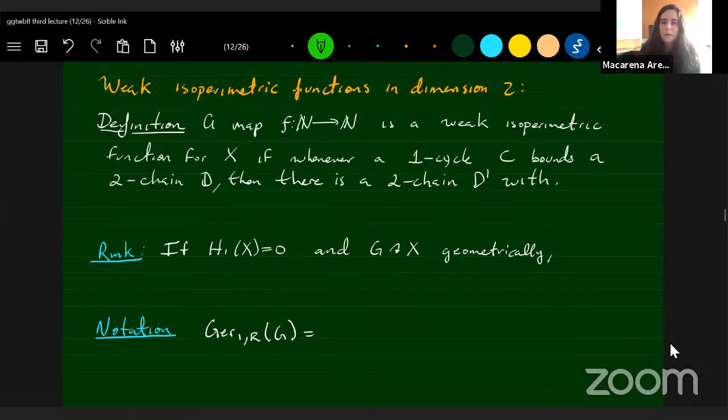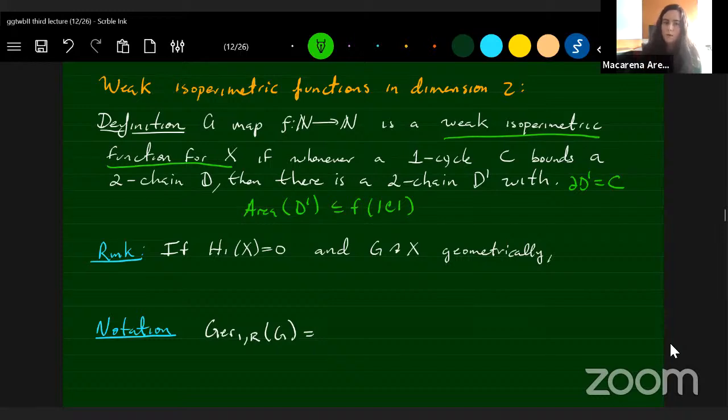A function f is a weak isoperimetric function for a complex X if whenever a one-cycle bounds a two-chain, so I'm just limiting myself to dimension 2, I'm going to give you the definition in general in a few slides, then we have another two-chain so that the boundary of this two-chain equals the cycle, and the area of this two-chain is controlled by the function evaluated in the length of the cycle.